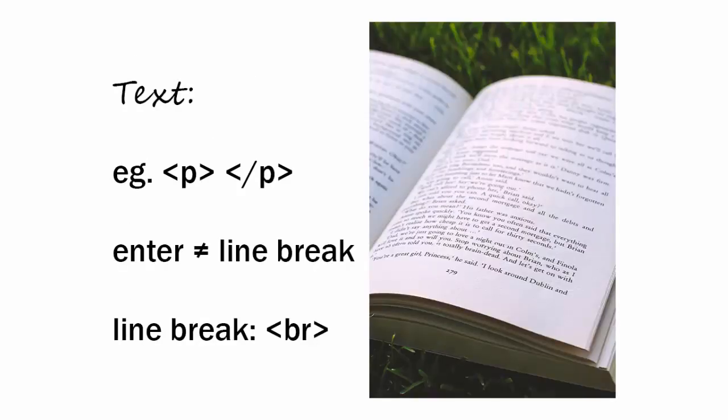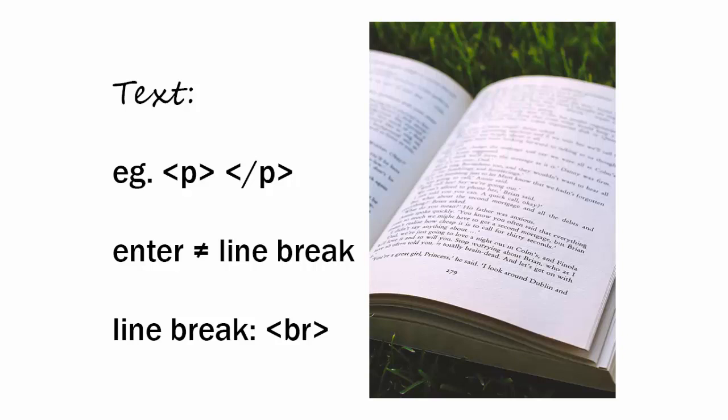Let's look at text. Large bodies of text, such as paragraphs, are contained in between the P tags. Please note that HTML tags are case sensitive, so you will always write it with a lowercase p. The text editor doesn't adhere to enter as a line break indicator.